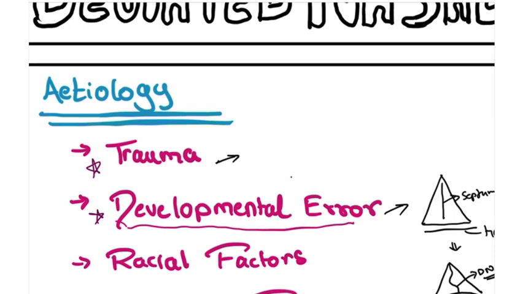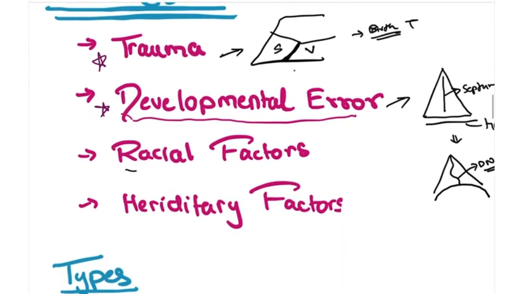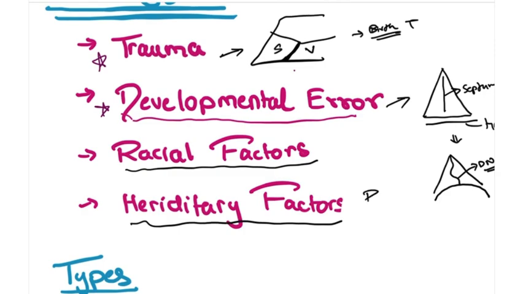In trauma, any kind of lateral blow, so here we have our septal cartilage and here we have our vomer, this is going to displace the septal cartilage from the vomer. Even during birth, there is pressure on this and it is again dislocated. And then there are racial factors, not that important. Hereditary factors, we see that if the parent has it, the child also most probably will have.